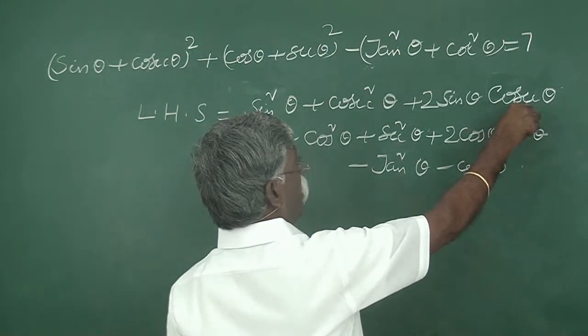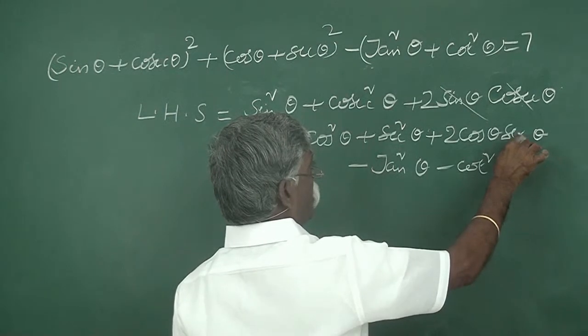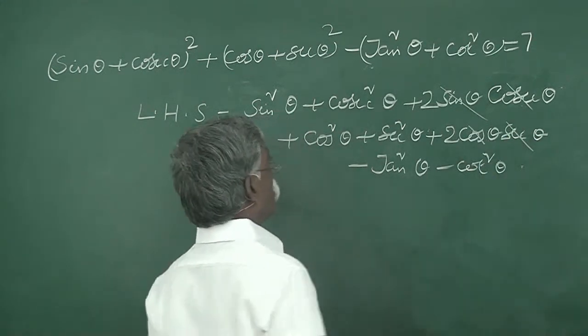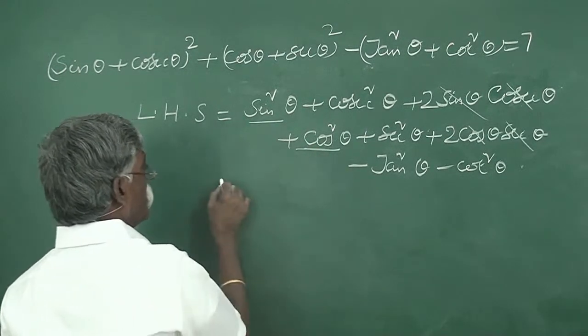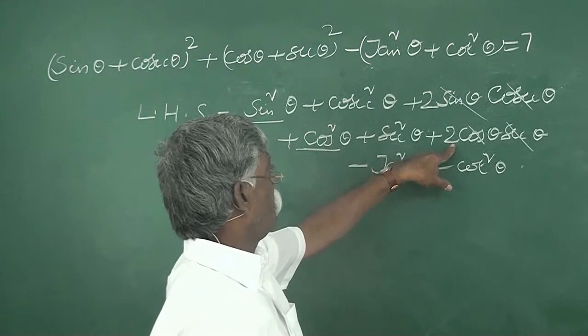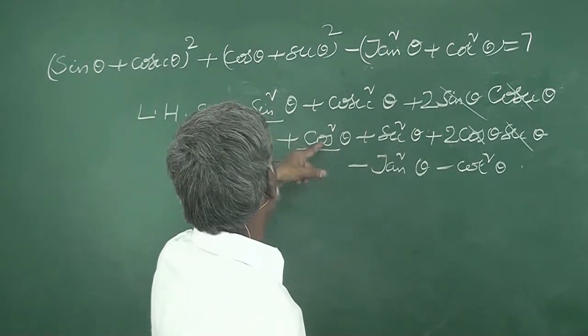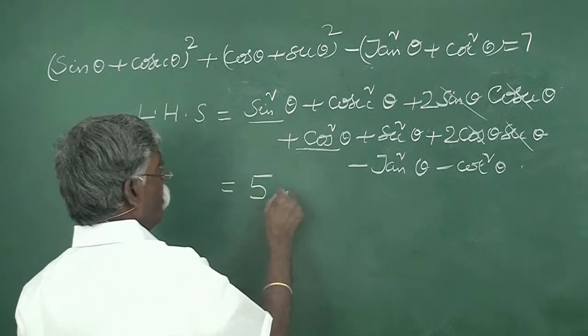Cosecant is the reciprocal of sin, therefore these two get cancelled. Secant is the reciprocal of cos, these two get cancelled. And sin square theta plus cos square theta is 1. So here it is 2, here it is 2, 4, and sin square plus cos square is 1, therefore it is 5.